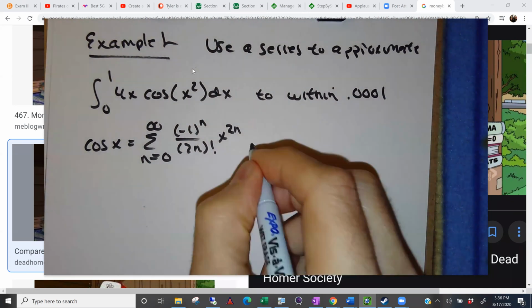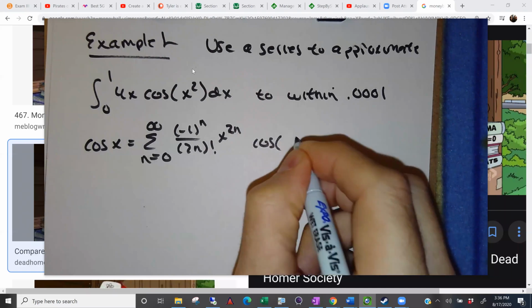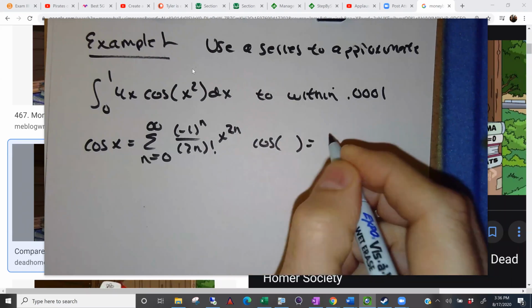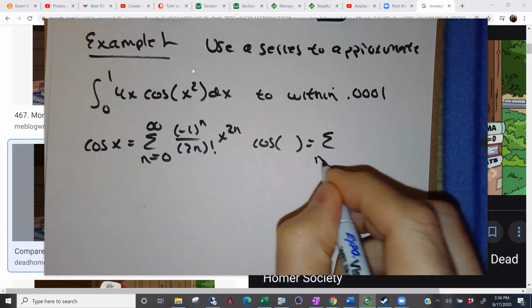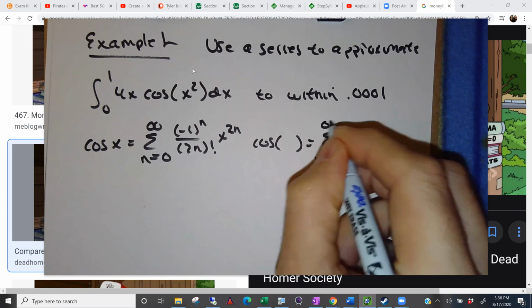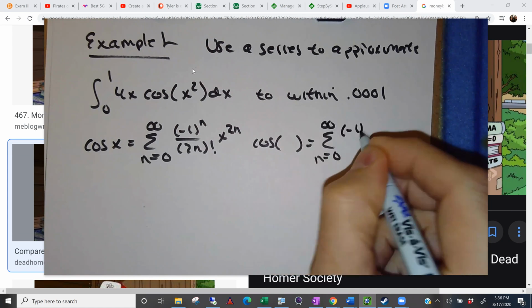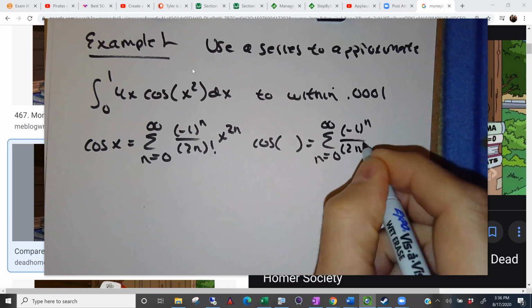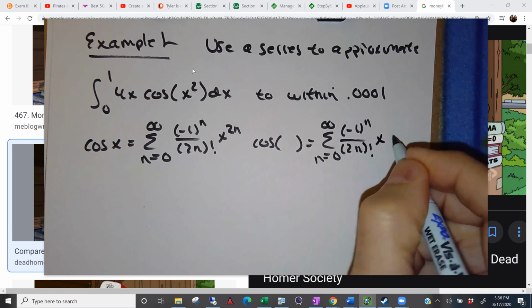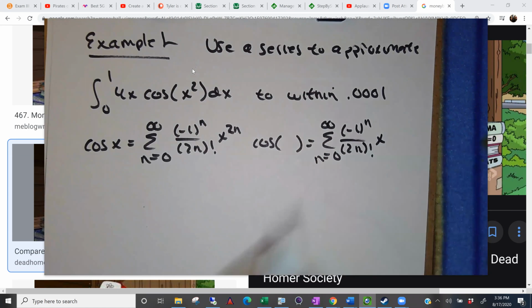And then I want to figure out what cosine of x squared is. -1 to the n over 2n factorial x, actually not x.